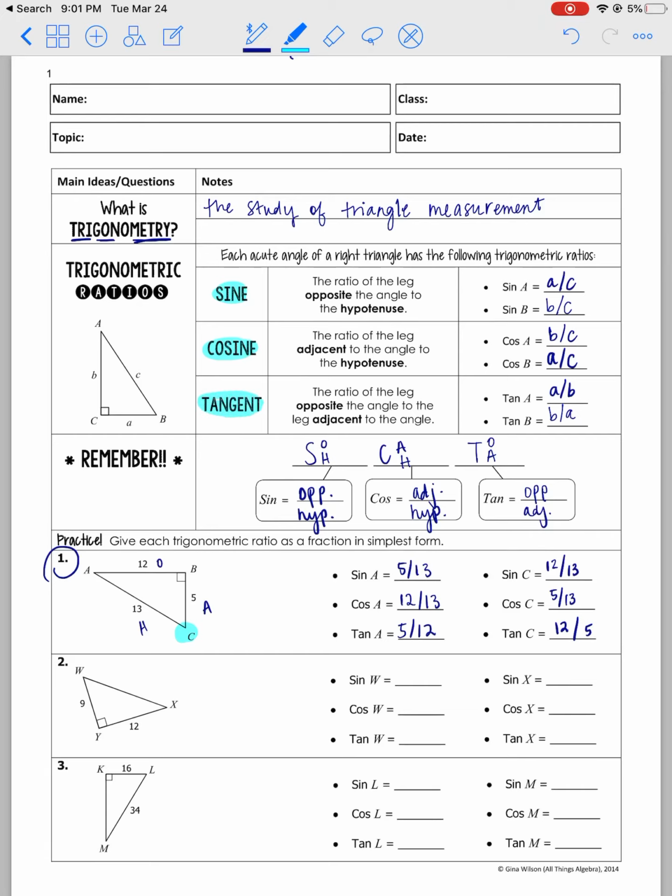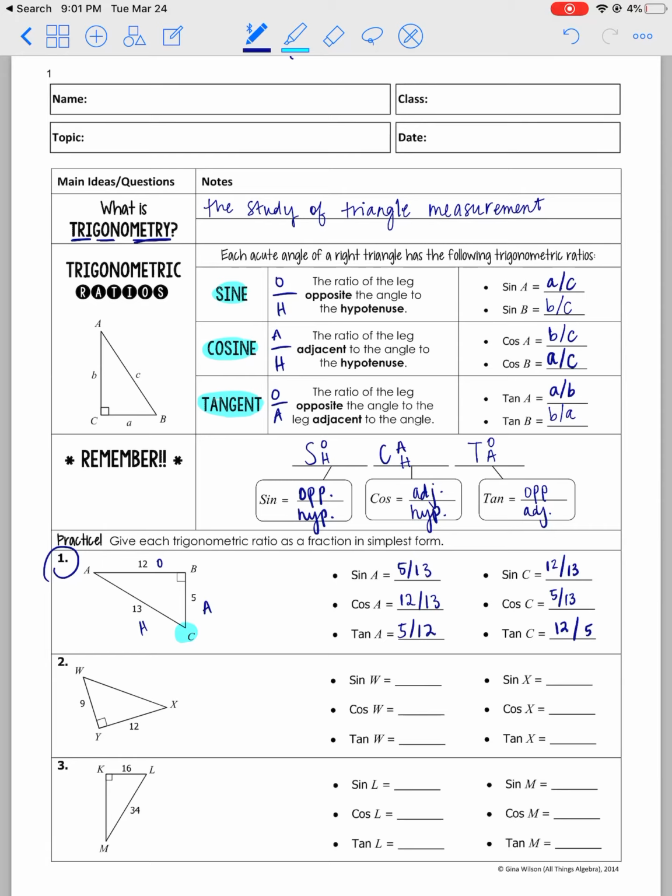That's it. Okay? So conceptually, sine is just the ratio of your opposite to your hypotenuse. Cosine is the ratio of your adjacent to your hypotenuse. And tangent is the ratio of opposite to adjacent of right triangles. It is just the fraction.